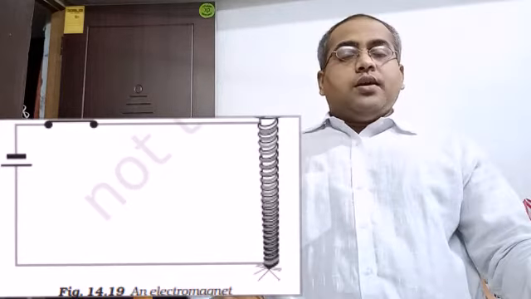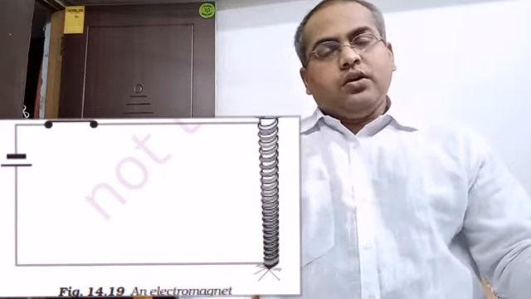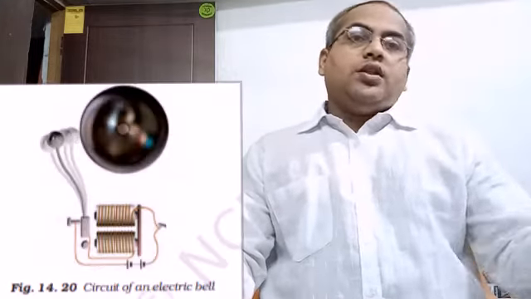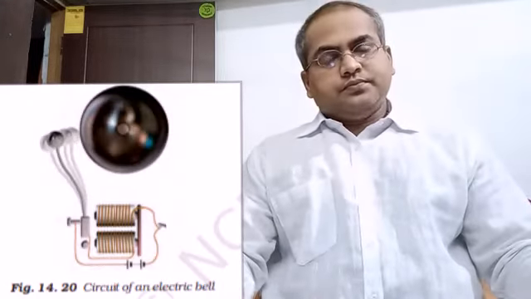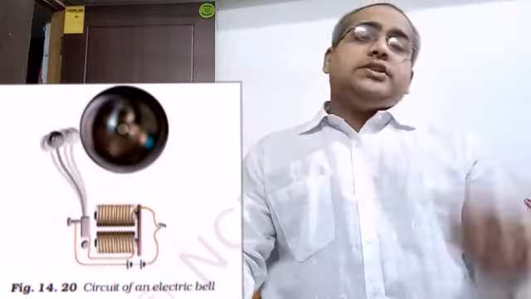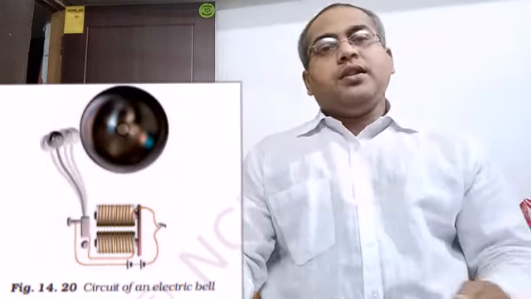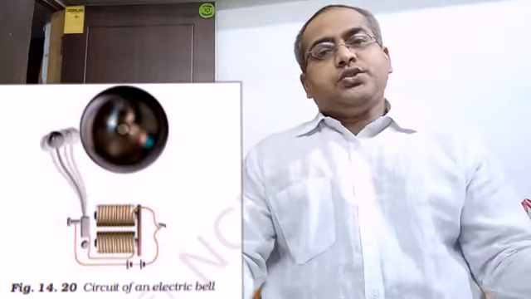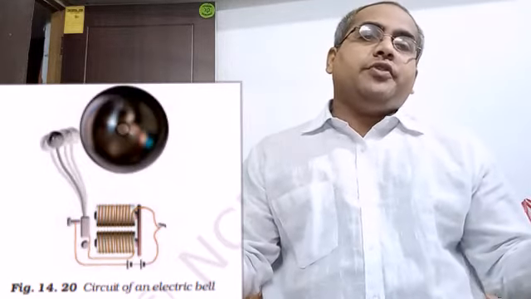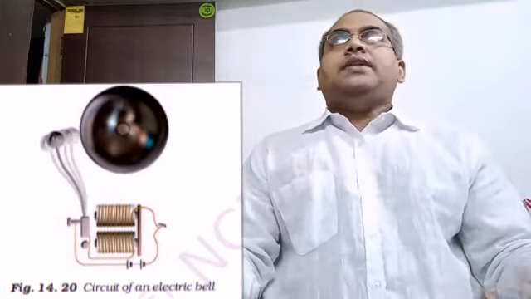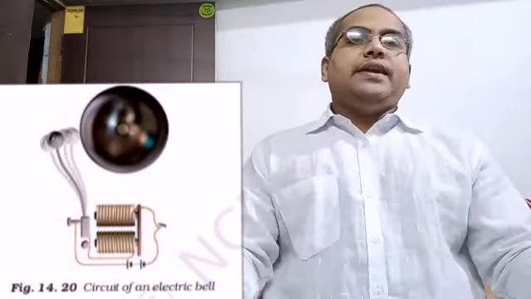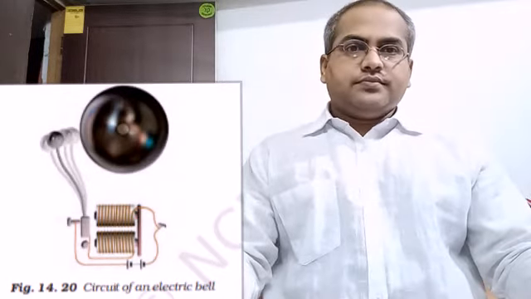But remember, if you leave the battery on, the wire will draw all the power from the cell. By using this principle, scientists produce several types of huge electromagnets, and they use those magnets in daily life.